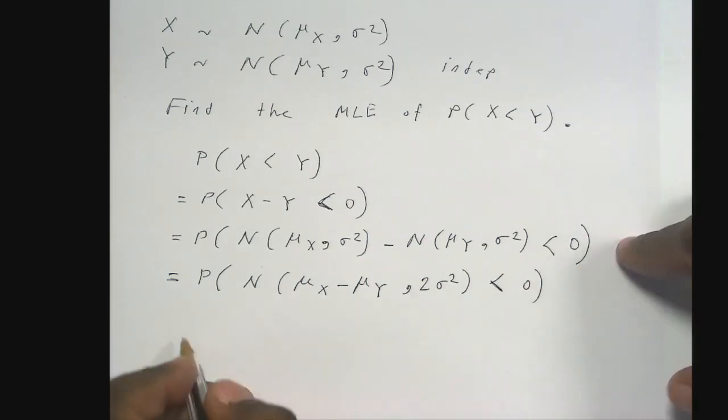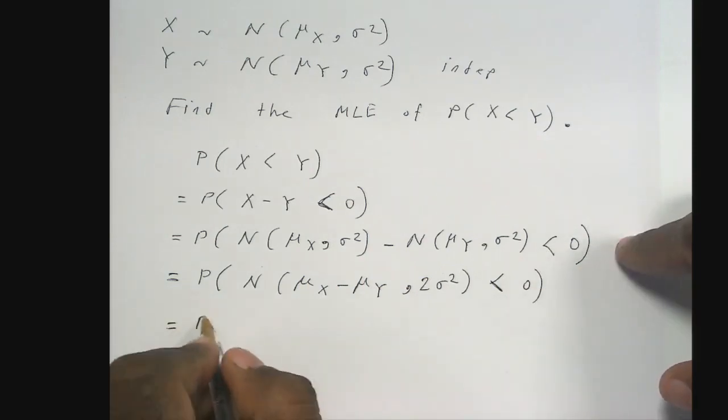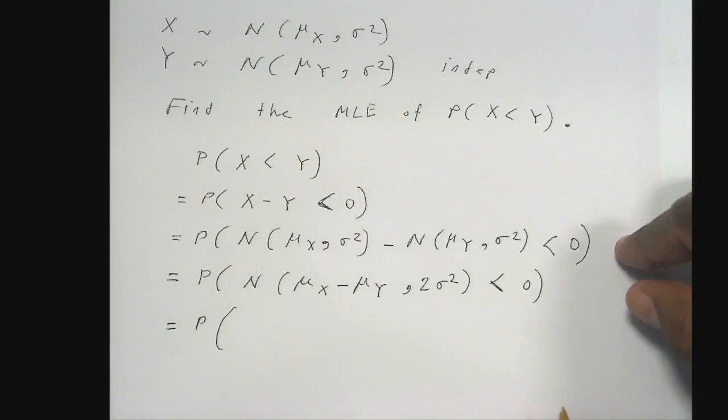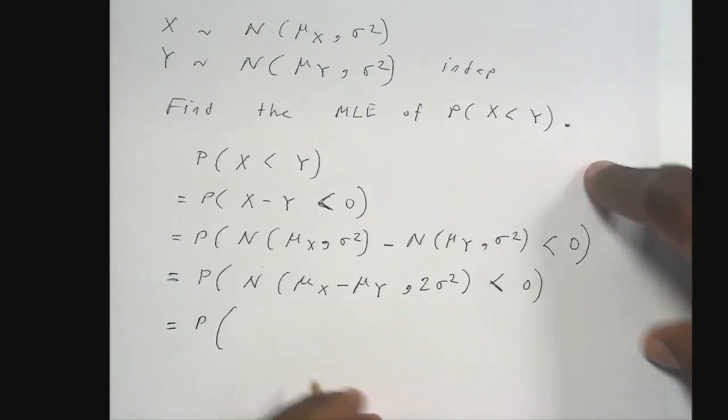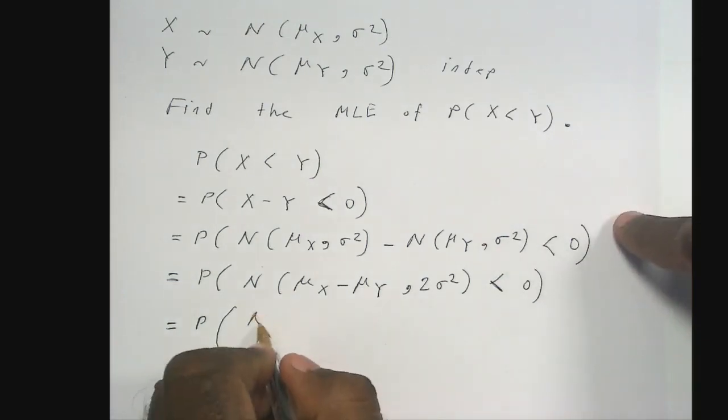Okay. Now the next thing I'm going to do is I'm going to standardize both sides. I'm sure you know what I mean by standardization. Standardization means you subtract the mean and divide by the standard deviation, right? So I'll do that on both sides.